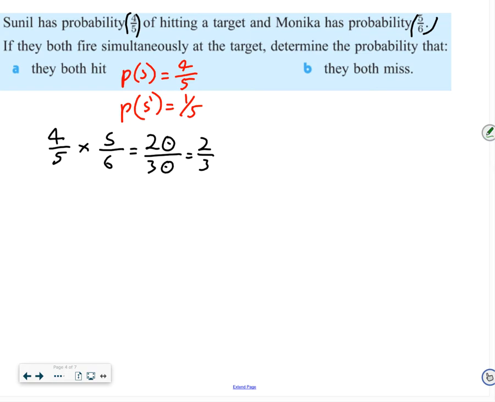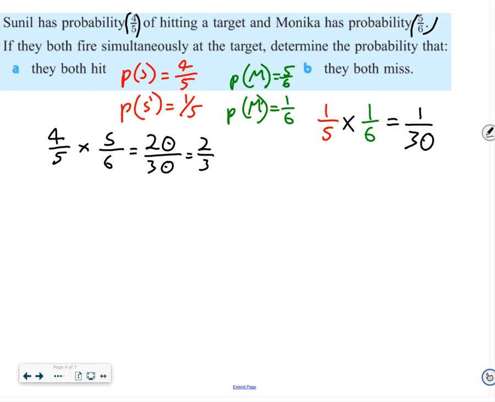Using that same logic for Monica, the probability of Monica hitting was 5/6, so the probability of Monica missing is 1/6. For both to miss, we do 1/5 times 1/6, which equals 1 out of 30. Notice that these two do not add.